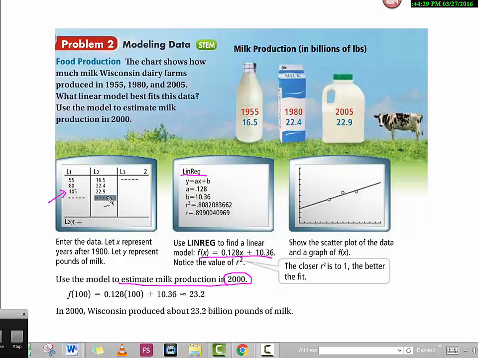Since when we input the data, we input 2005 as 105, the year 2000 is going to be right here, which is 100, because it's 5 years before 2005. This one is representing 2005. So we're going to plug in 100 here to estimate the milk production in year 2000.